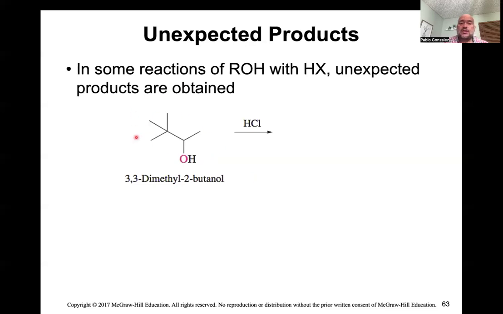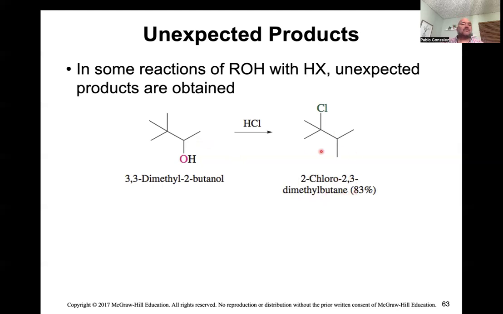So, for example, here we have 3,3-dimethyl-2-butanol. What is the expected product going to be? We expect this OH to be substituted by this chlorine, so we expect the chlorine to attach here, giving 2-chloro-3,3-dimethylbutane. But what we actually get is 2-chloro-2,3-dimethylbutane.